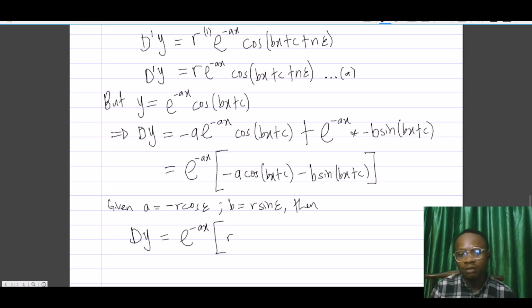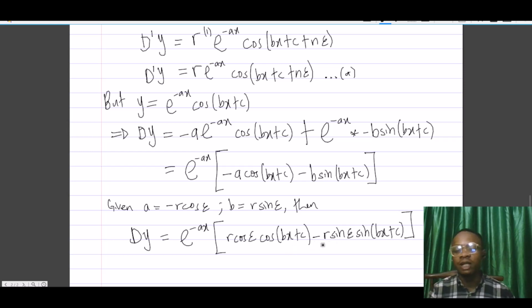So what we have here is r cos epsilon, that is minus a, multiplied by cos of bx plus c. Then we have b here. B is r sine epsilon, so this is minus of r sine epsilon, multiplied by sine bx plus c. So this is everything we have now.